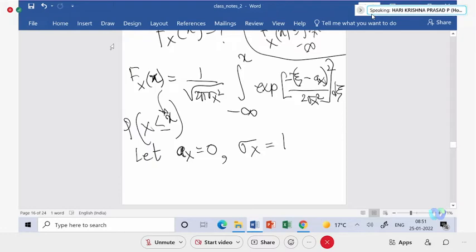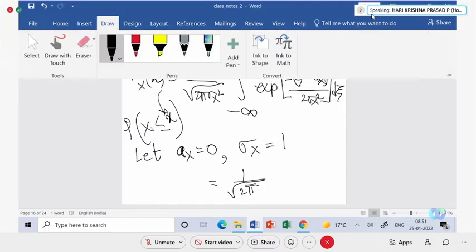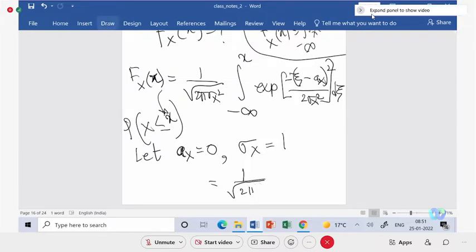Under these conditions, how does the expression for the distribution function appear? In place of sigma square, we put 1. 1 by 2 pi under root, because sigma square is 1.